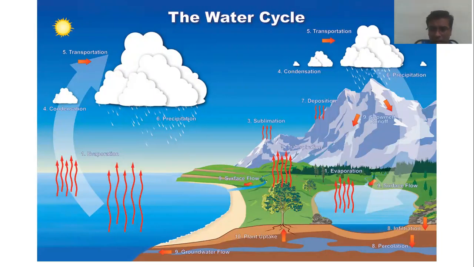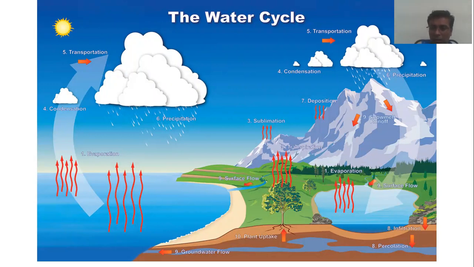In the hydrological cycle, first the evaporation process. When sunlight reaches the Earth's surface, because of the high temperature, the water slowly evaporates.